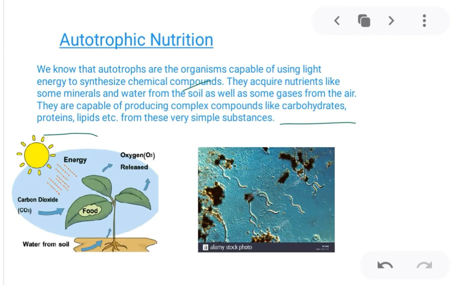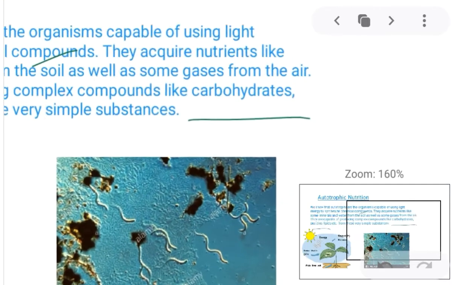Or else, easily we can define the phototrophic mode of nutrition as follows.